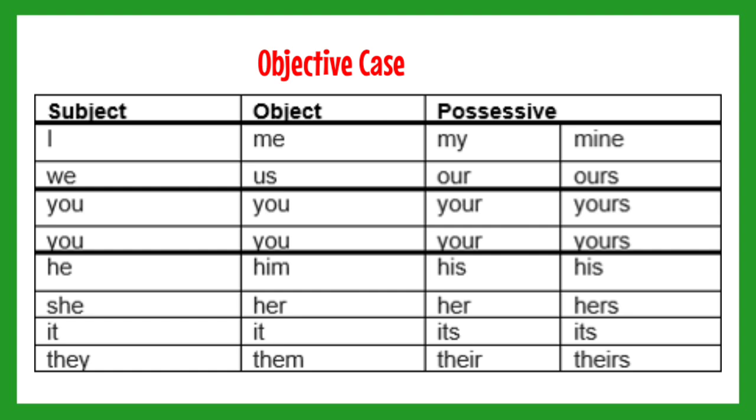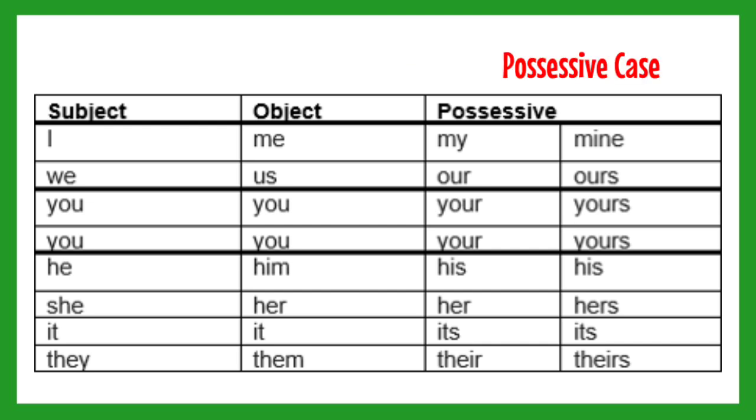While object pronouns are me, us, you, him, her, it, them. Possessive pronouns include my, mine, our, ours, your, yours, his, her, hers, its, their, theirs. Is everything clear?